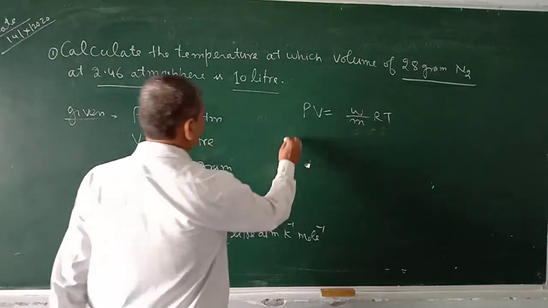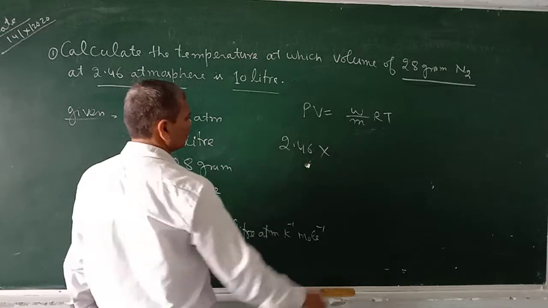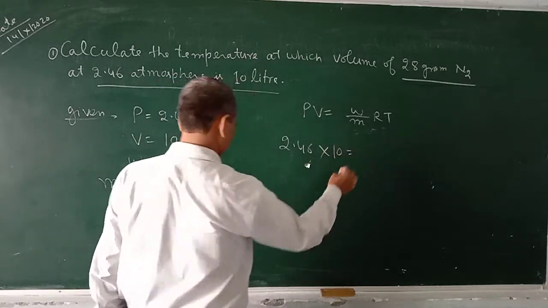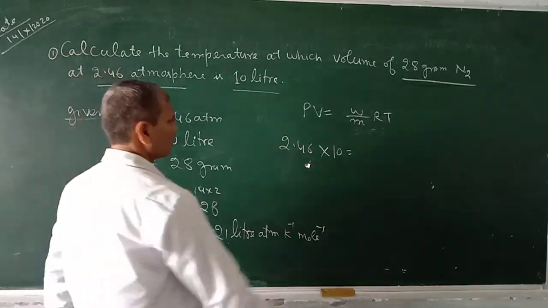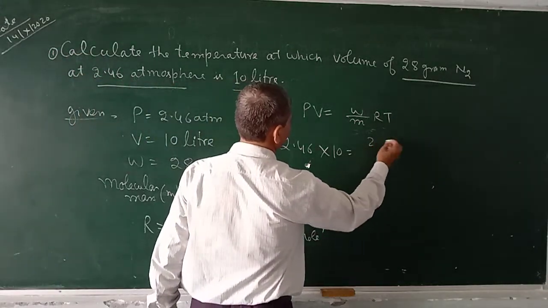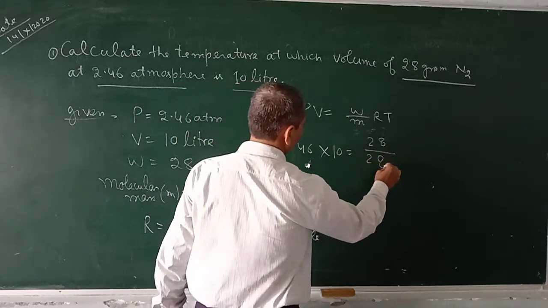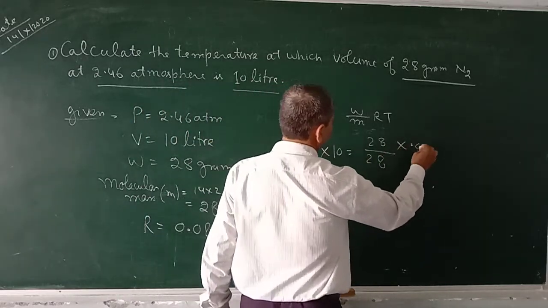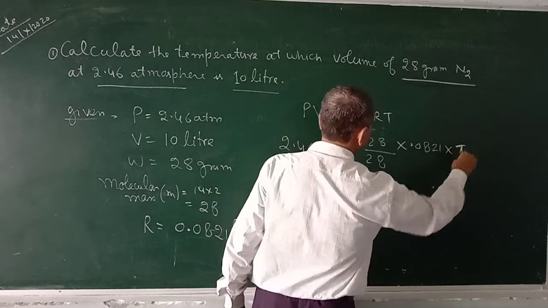P is 2.46, volume is 10 liter, W is 28 gram, molecular mass also 28, R is 0.0821, and we have to find the temperature.